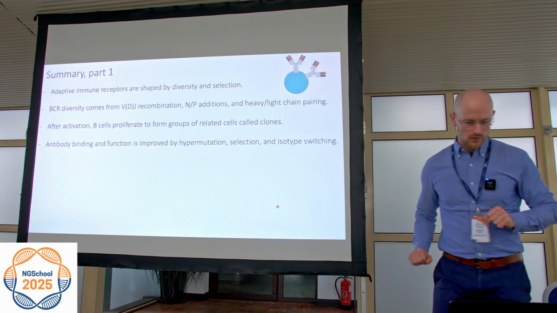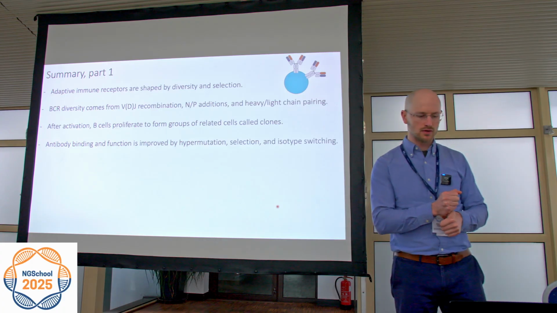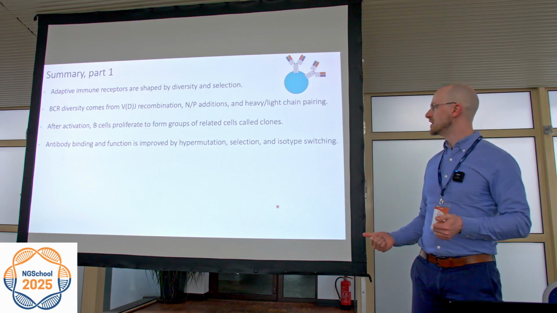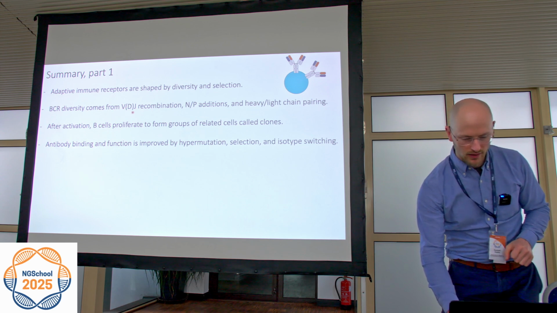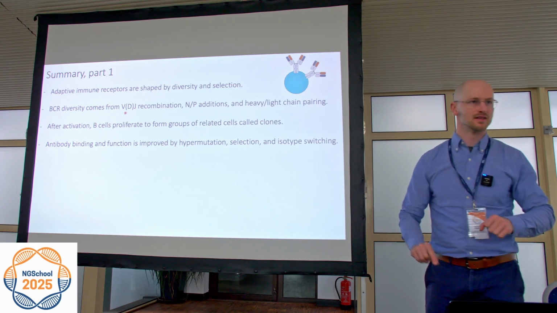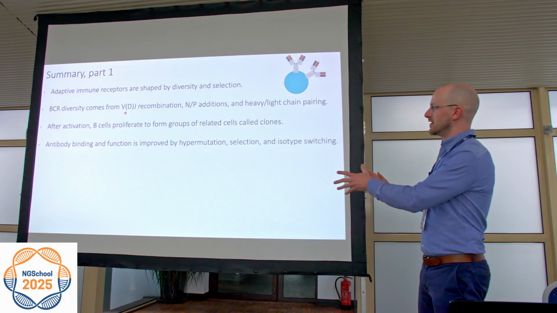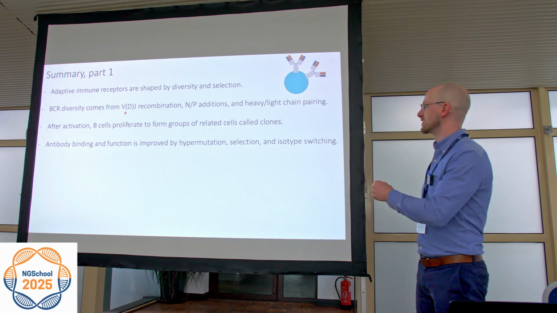Okay. So, just to summarize what we've talked about, adaptive immune receptors are shaped by diversity and selection. BCR diversity comes from VDJ recombination. If you're wondering, I only learned this recently, the D is usually in parentheses because there isn't always D recombination. So this refers to both VDJ on the heavy chain and VJ recombination on the light chain.